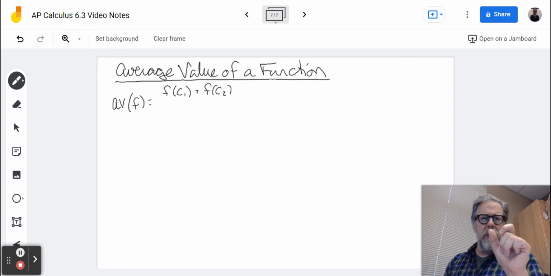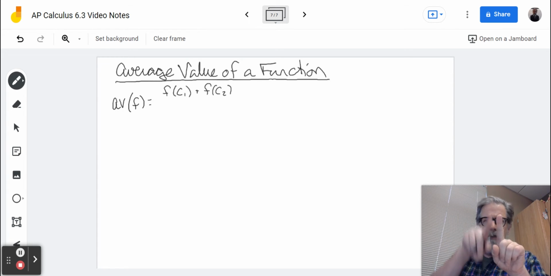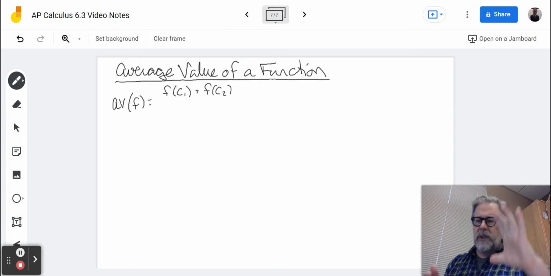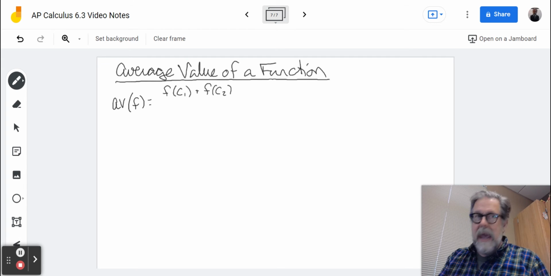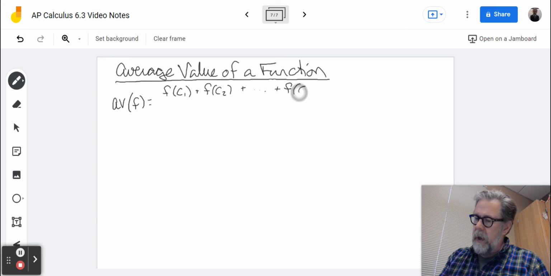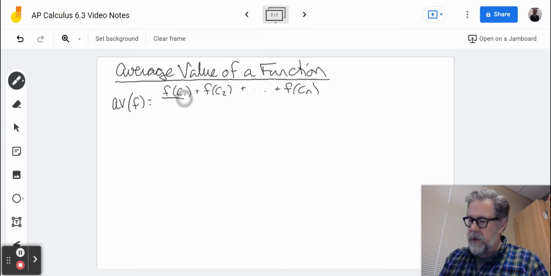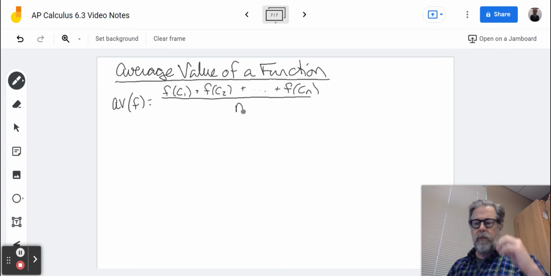Inside that rectangle that we created, we've chosen some value of x to use as the height of that rectangle. And we would add these all together. And once we had added them all together, we would just then divide by the number of rectangles.